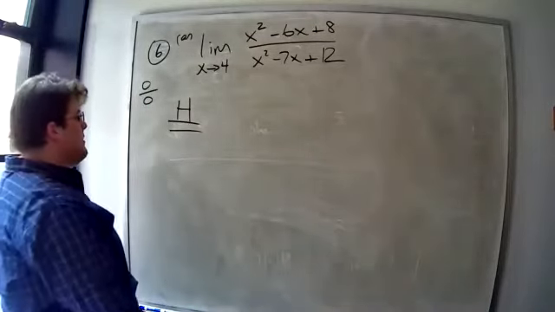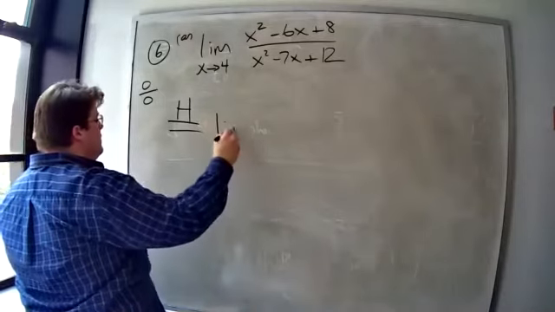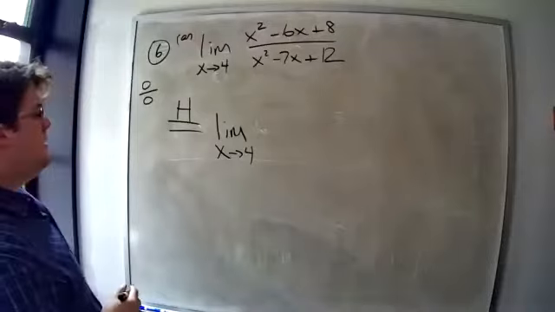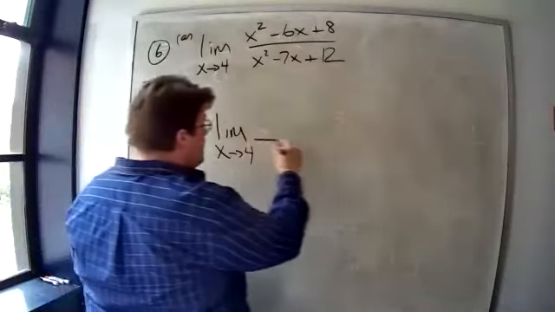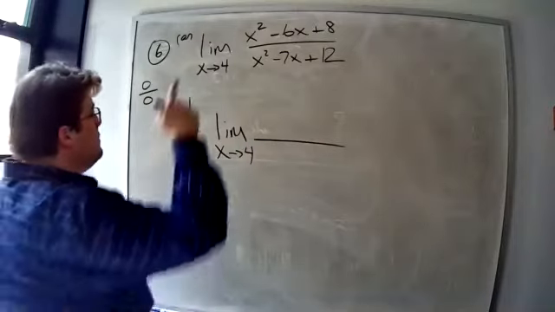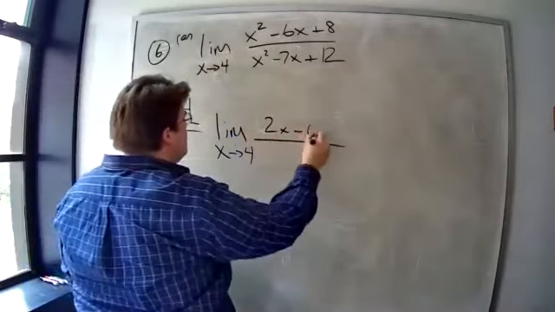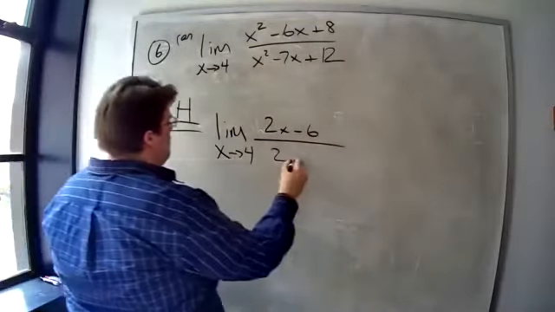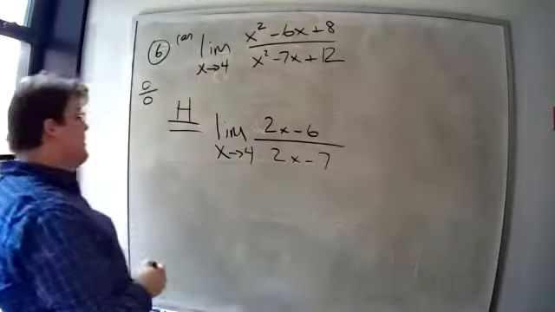Well, it tells us we can compute this limit by using some derivatives. So that first limit now equals this second limit. The same limit, but a different function inside the limit. We need the derivative of the top function, 2x minus 6, and then we divide by the derivative of the bottom function, 2x minus 7.